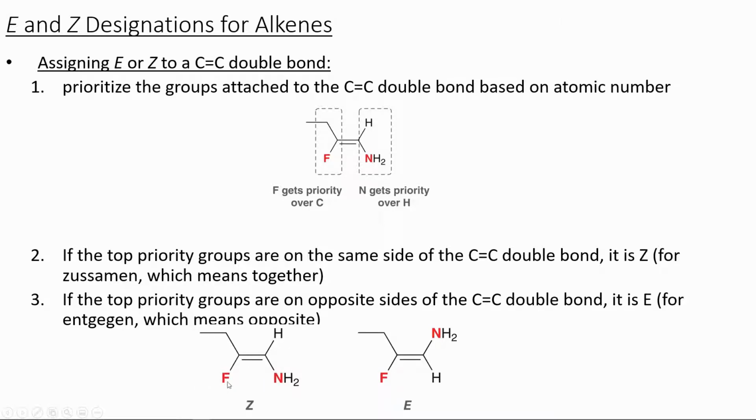So priorities 1 and 2 are Zusammen, or together. If the top priority groups are on opposite sides of the double bond, that's E, for entgegen, which means opposite. So this is the notation we're going to use for determining the stereochemistry of an alkene with multiple different groups.